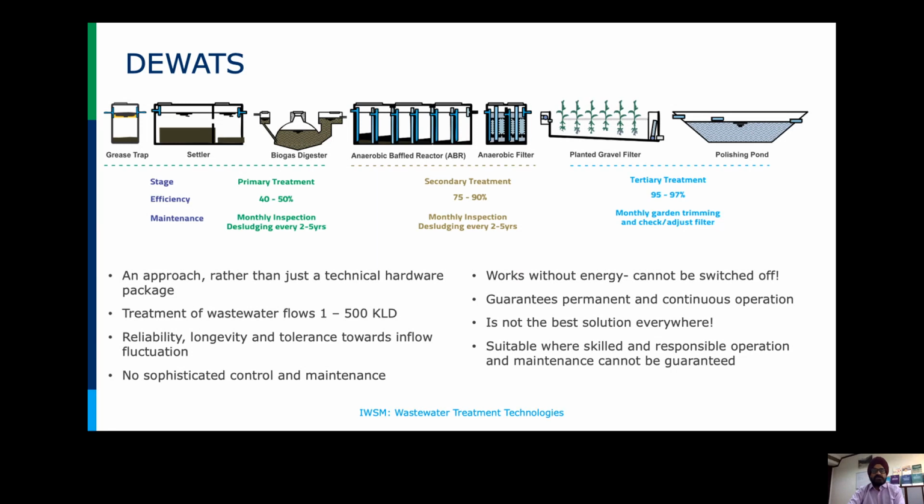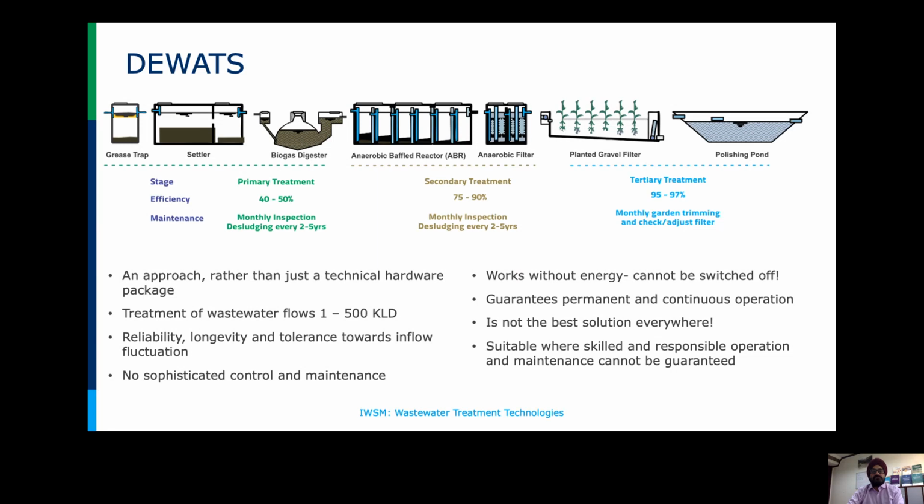So typically it has a grease trap, then there is a settler, which settles the solids and treats them separately, either through a biodigester process where the solid generates methane gas, which can be extracted, and then the liquid is made to flow into the ABR and the anaerobic filters and the planted gravel filters, finally either to a polishing tank or a soak pit. So this entire process is called DEWATS.